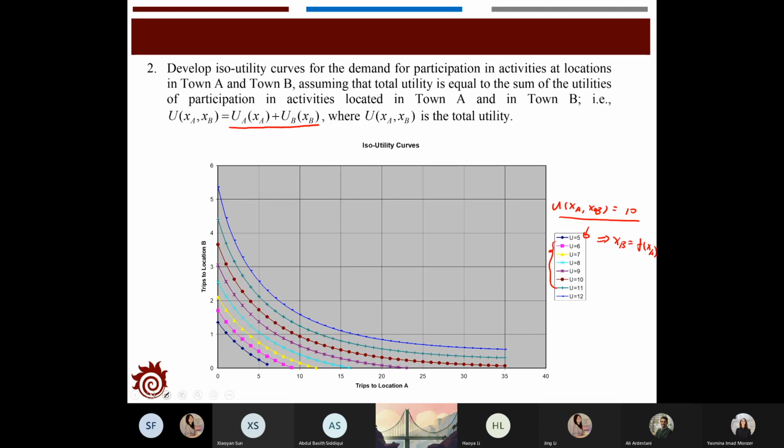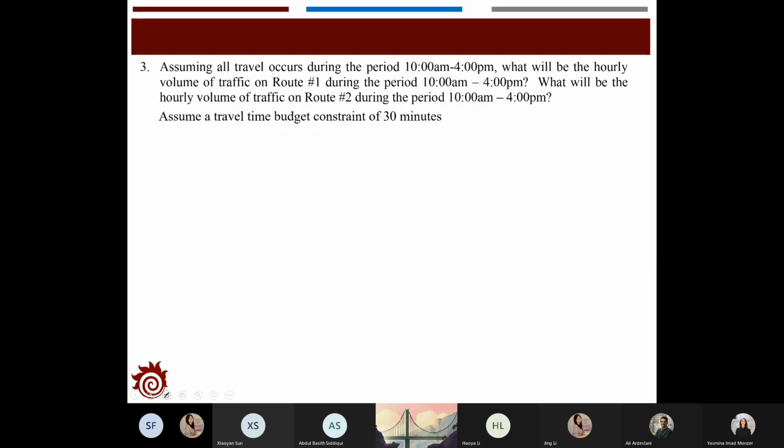Actually, the resulting town A and town B will just be two preparations for the solution of the third one, which is the most critical one for you to determine the number of trips that will travel from A to B, and how many of them will travel through Route 1 and how many through Route 2.